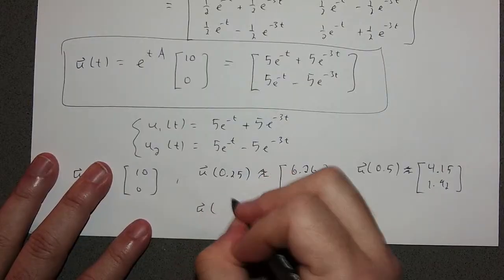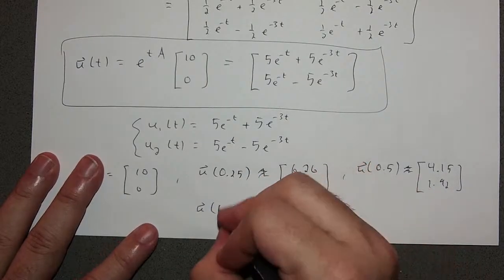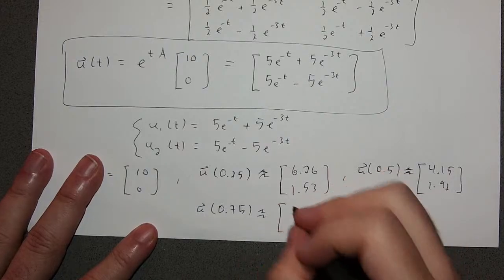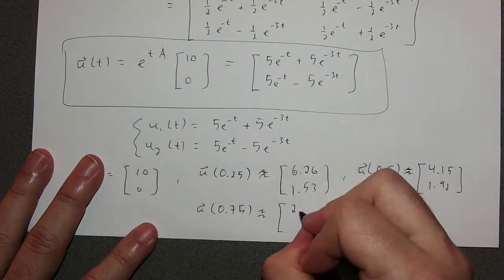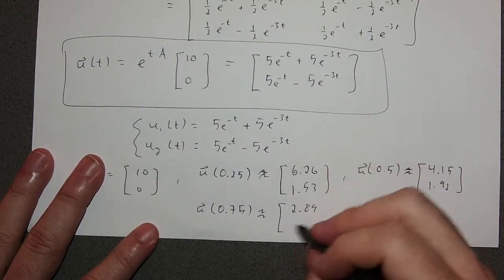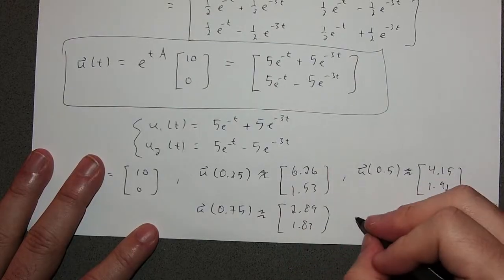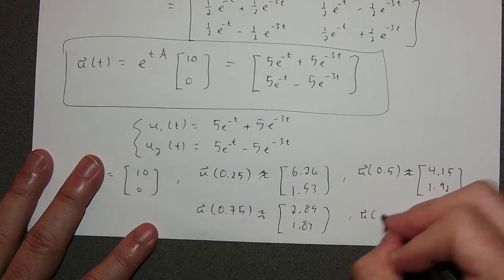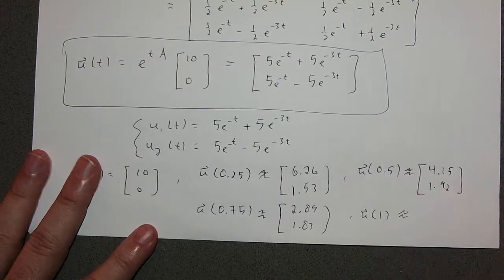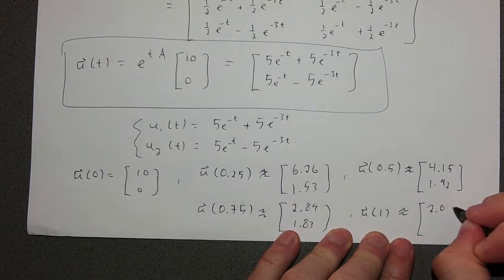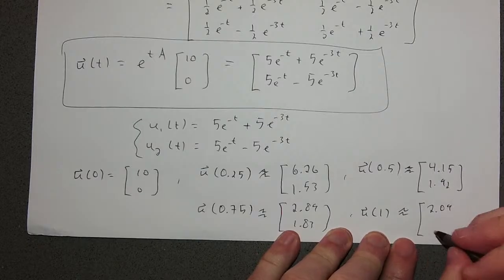What about like 0.75? This is approximately 2.89, 1.83. And think in your head, does this seem to be matching intuitively how the temperature would change in that bar? This is now 2.09, 1.59, right?